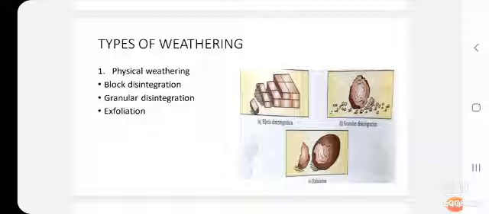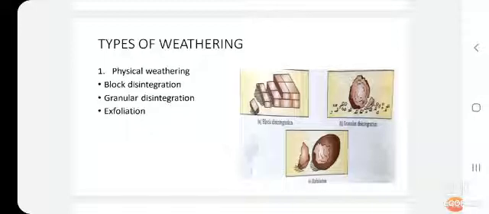This is known as granular disintegration. And one more type is exfoliation. What is exfoliation? The sudden contraction and expansion peels off the outer layer of rocks, which is known as exfoliation.